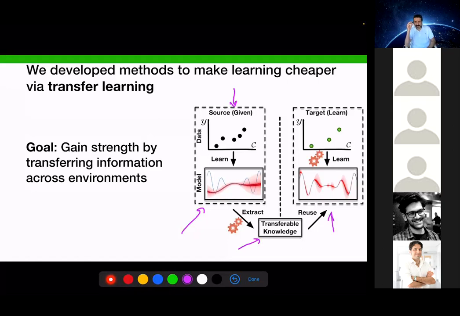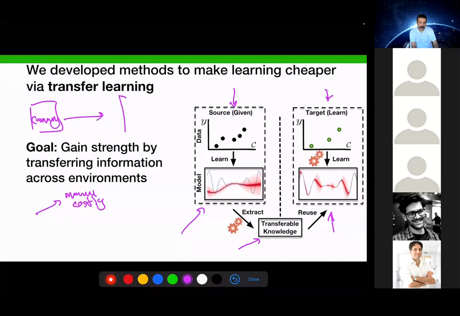And there are several reasons for this. One reason could be that in the target environment, measurements are costly, right? We do not want to measure a lot of configurations in the target environment. Imagine a scenario where we have software in Canary deployment, and we want to move to production.